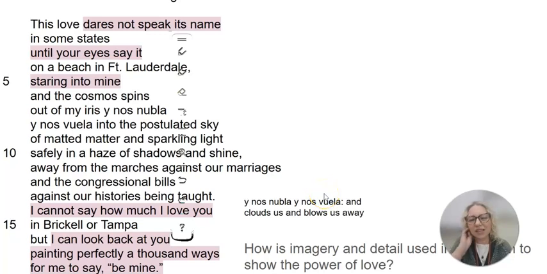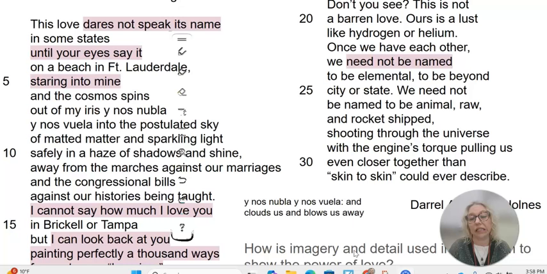All right, so in the student sample of a guided literary analysis in your packet, the student looked at really three main patterns of imagery and detail that connected to this power of love. And the first one they noticed had to do with speaking through eye contact.